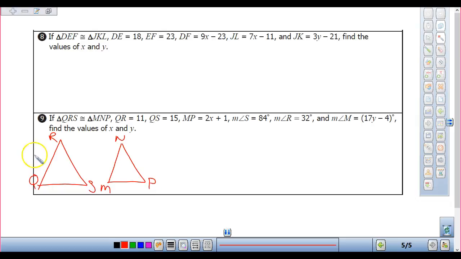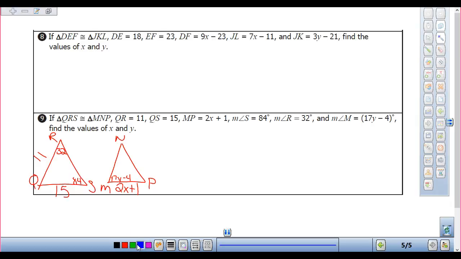QR is 11, QS is 15, MP is 2x plus 1, S is 84, R is 32, M is 17y minus 4.